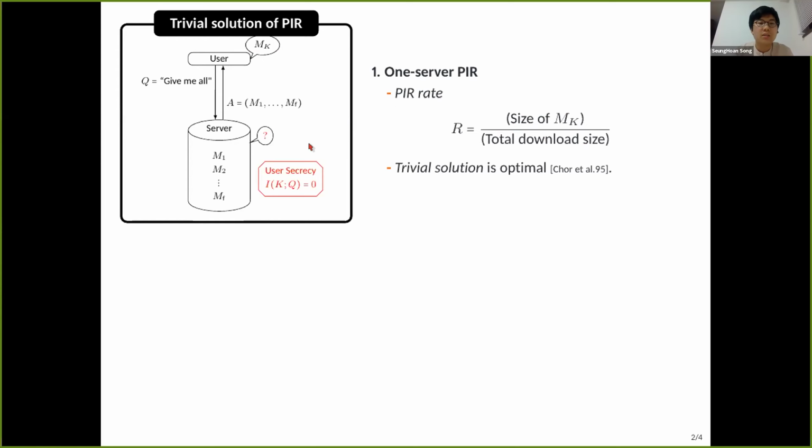Because this trivial solution has rate 1 over F, the rate is usually lower than 1 over F, and from its definition, it is less than 1. Unfortunately, it is proved that this trivial solution is optimal, so the optimal rate is 1 over F.